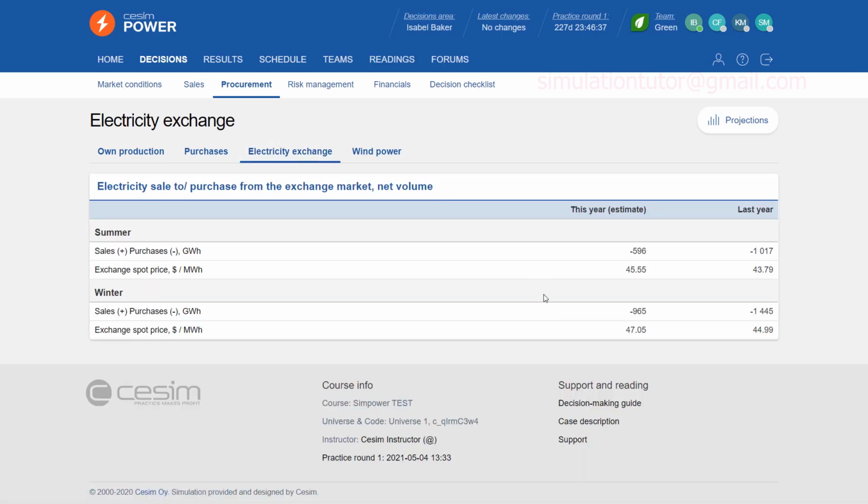The electricity exchange page is just a summary, showing us a quick overview of our position towards the market. When this figure is negative, it means that we are net buyers from the spot market, and if it's a positive figure, it means that we are net sellers to the spot market.